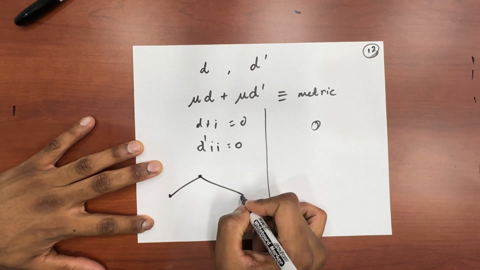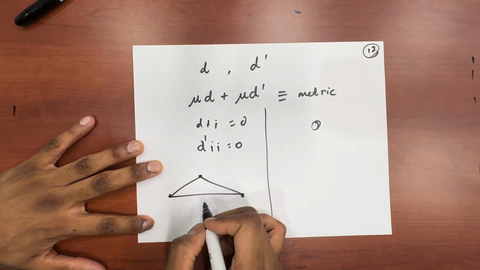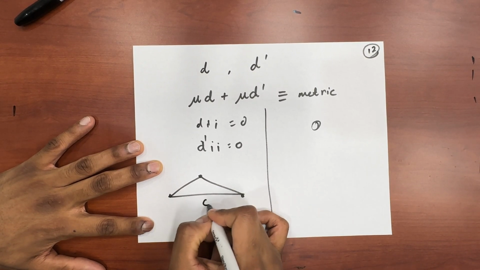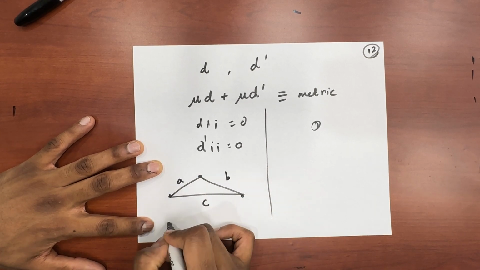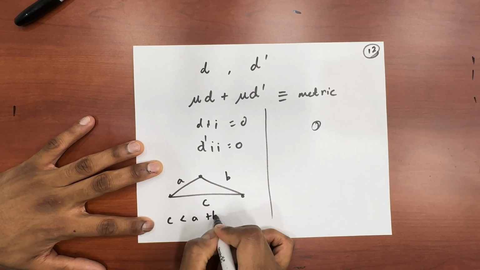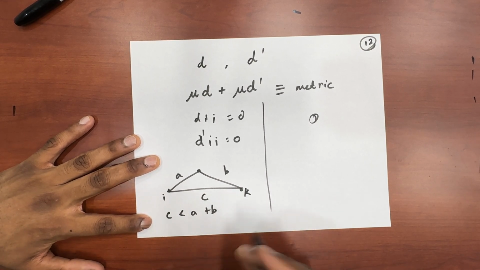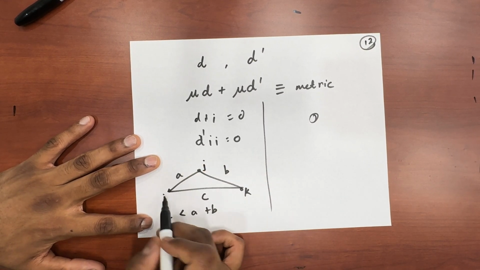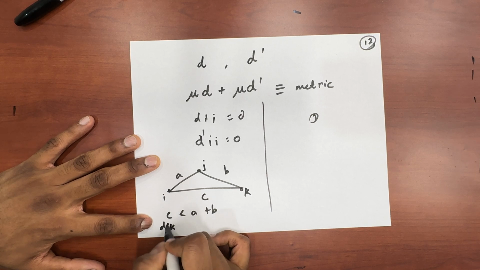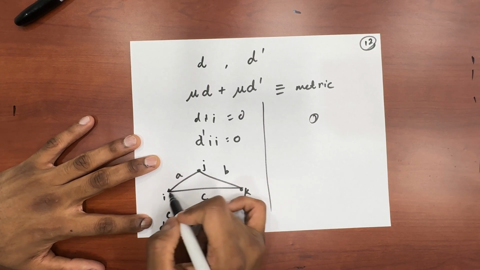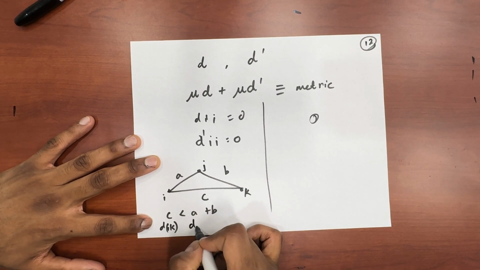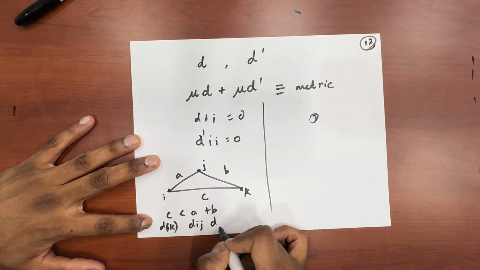So let's say a metric satisfies the triangle inequality: C is less than A plus B, right? I just want to make the notation smaller. So C is Dik, A is Dij and B is Djk.